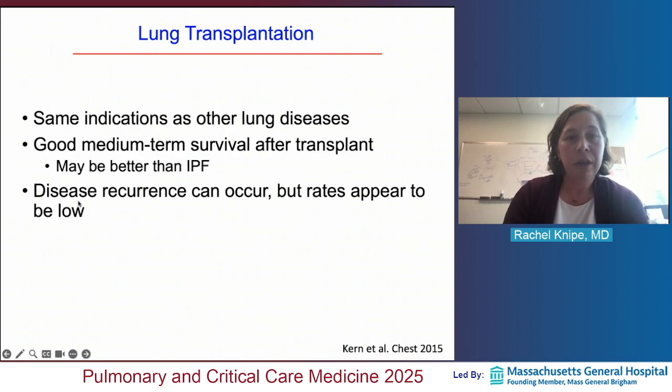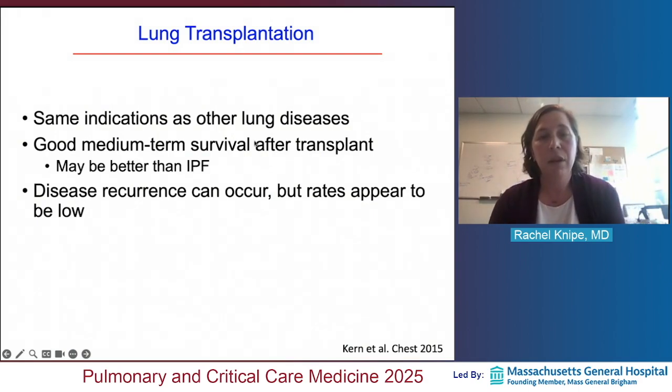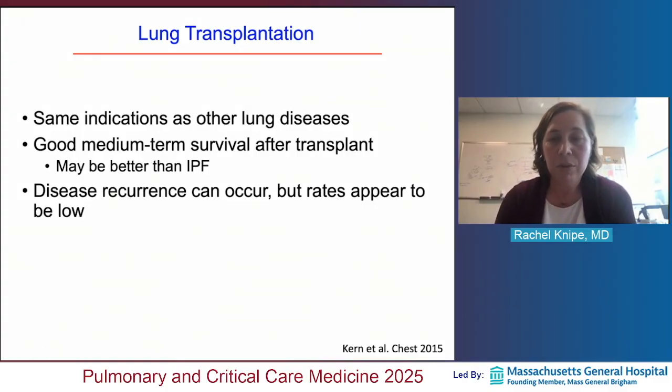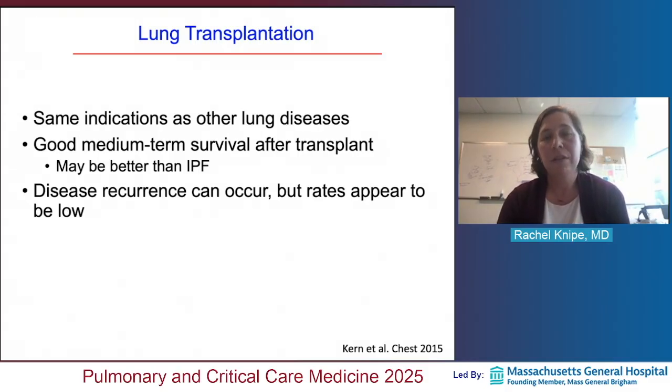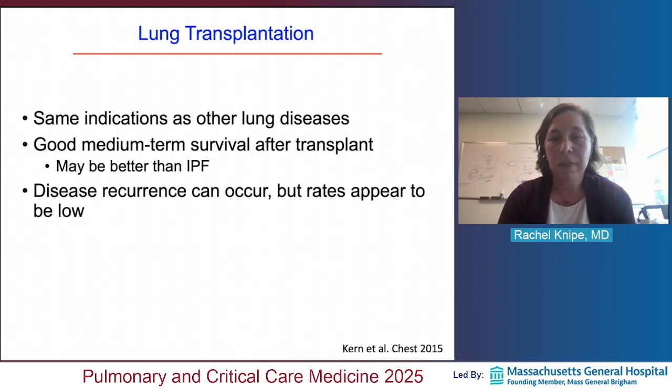Okay, and just one mention about transplantation, which is an option for patients with progressive fibrosis and hypersensitivity pneumonitis. The same indications exist for transplant as other lung diseases. There's been reported pretty good medium-term survival after transplant, perhaps even better than patients with IPF, and perhaps this is because patients with HP undergoing transplant tend to be a little bit younger than those with IPF.